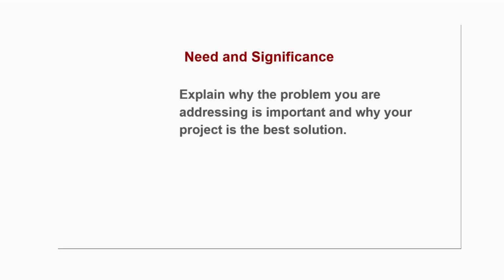For example, if you have identified drug abuse or alcoholism as a problem in a particular community, you want to explain that this project will be significant because it will come up with tangible or practical strategies that can be implemented in schools or institutions, or programs that will help young people to learn about drug abuse. So that's about need and significance.